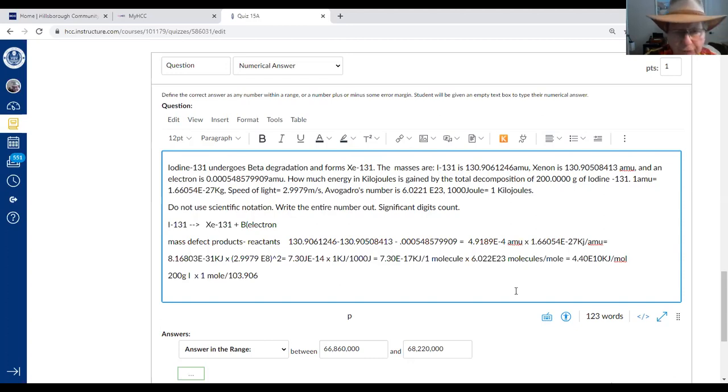This gives me 1.527 moles. I multiply that by 4.40e10 kilojoules per mole, and I get 6.72e10 kilojoules. You follow through, Ethan?